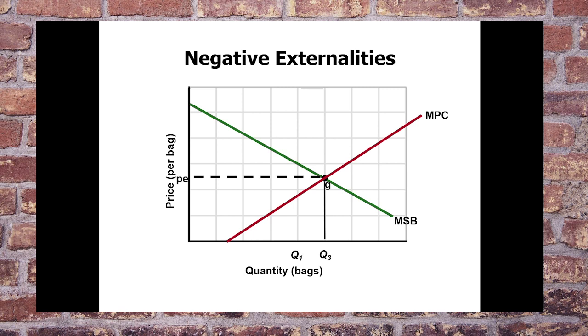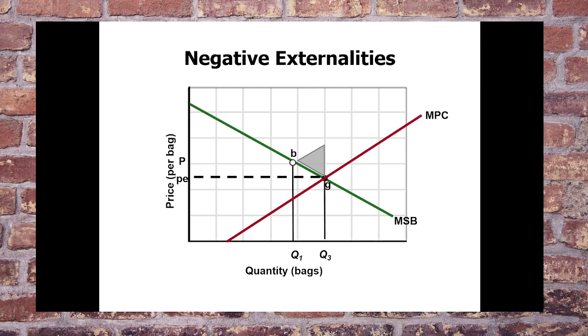It's the cost to the private sector. The public doesn't have to pay anything for it. Q1 is what we should be producing. But instead, we're producing Q3 because the firm doesn't have to pay all the costs of producing. That's the negative externality. So we take the area of the overproduction and put it above the curve, because that's where we're at. We want to get rid of that. That's a deadweight loss that we need to get rid of. It's the same triangle that would be between Q1 and Q3.